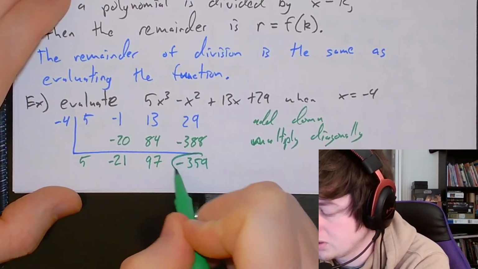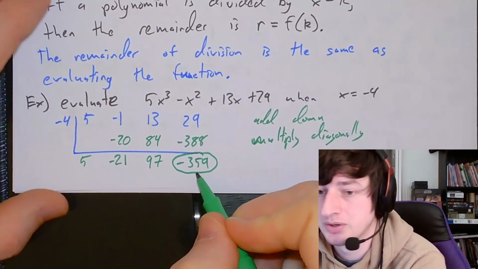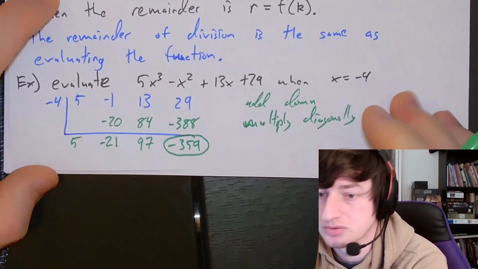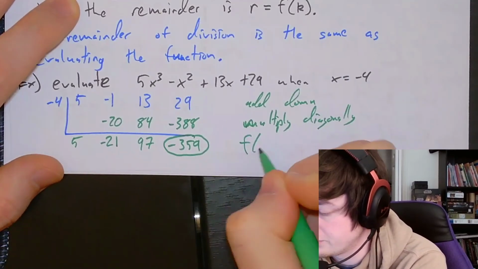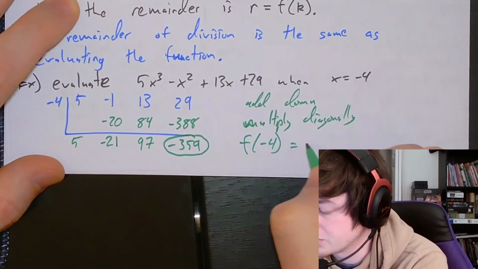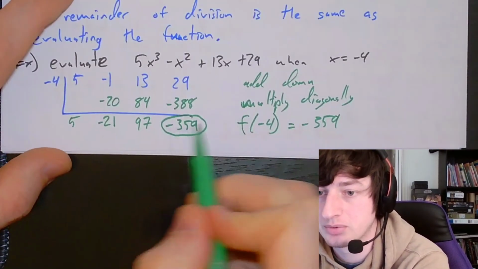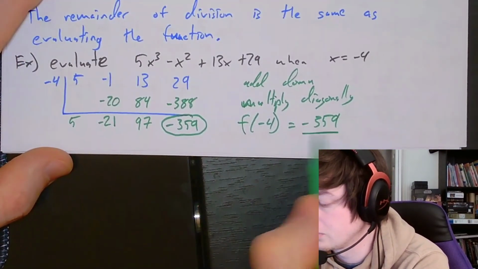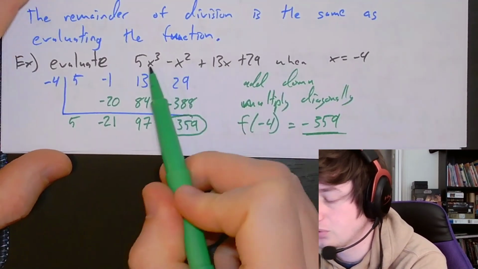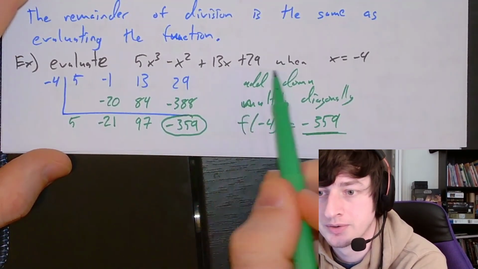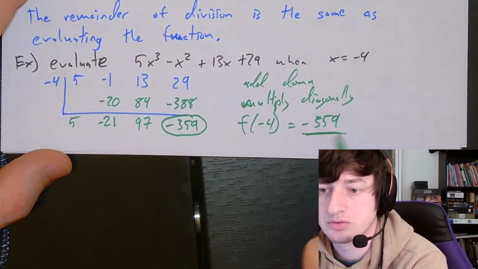This is the only number that matters. The remainder is the evaluation. So in other words, f of negative 4 equals negative 359. So that's our answer. If I plug negative 4 in for x here, I get negative 359.